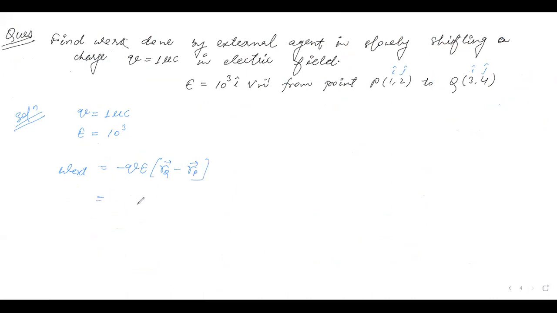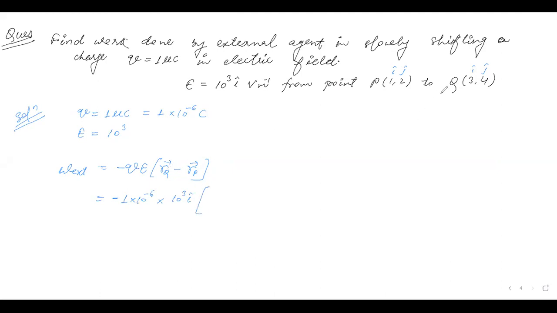Note, write it here. Minus of what is the value of Q? This is the 1 microcoulomb. You can write here 1 into 10 raised to the power minus 6 coulomb. So you can place it here 1 into 10 raised to the power minus 6 into what is the value of E? The value of E is given as 10 to the power 3 in the direction of I cap. Okay. Now what is your RQ?